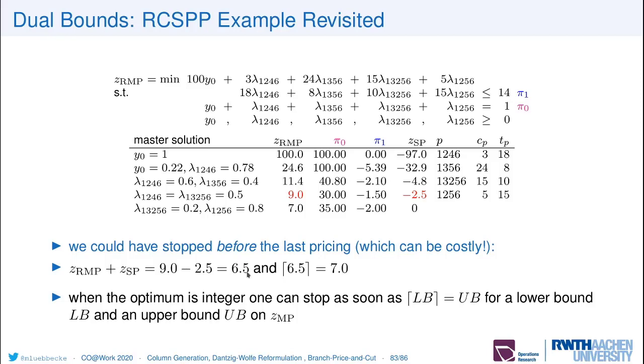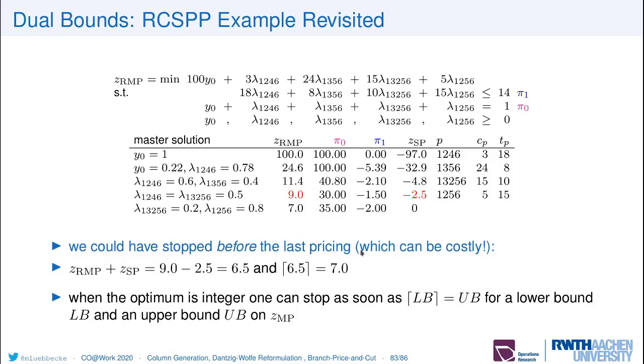So this is a valid bound on the integer optimal objective function. And because we know that the optimal integer objective function value will be an integer, we can even round up and receive as a lower bound on the optimal integer solution value of 7.